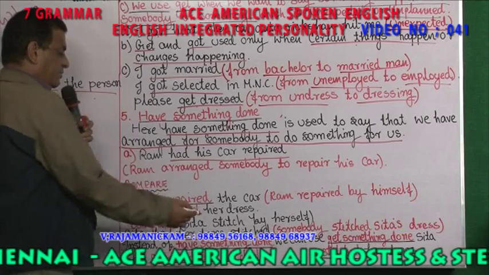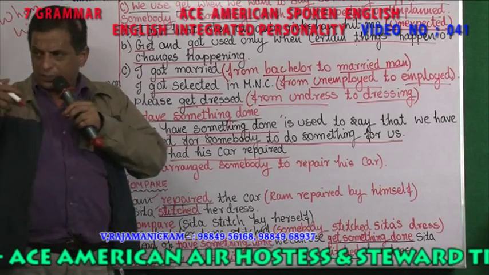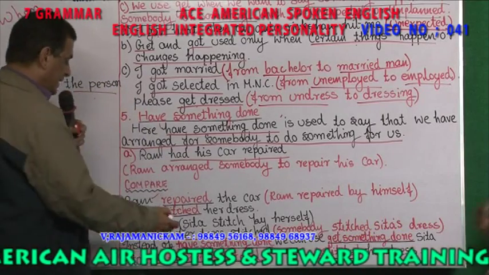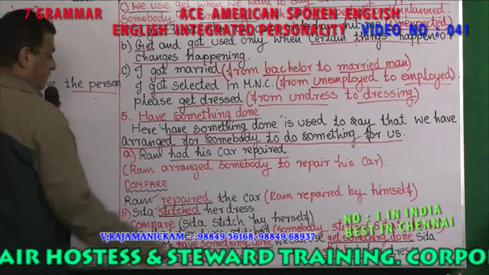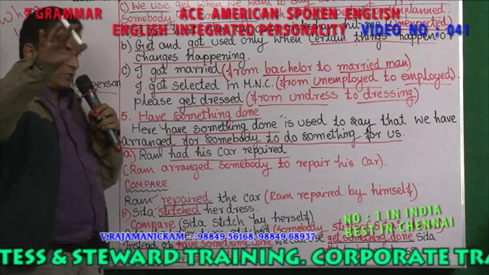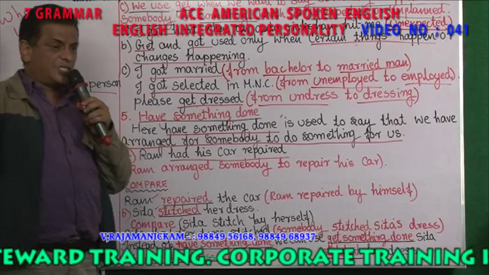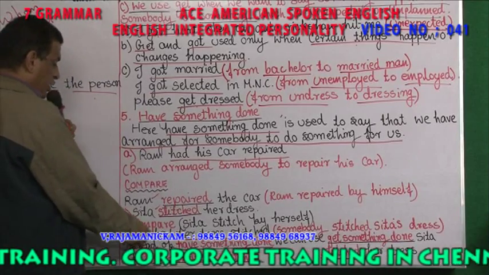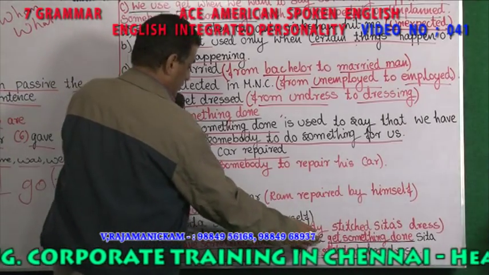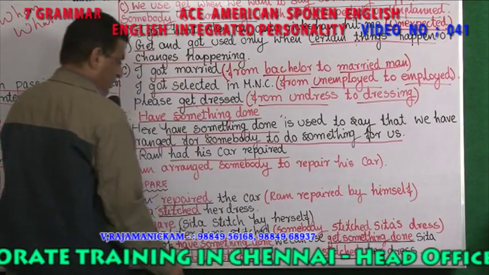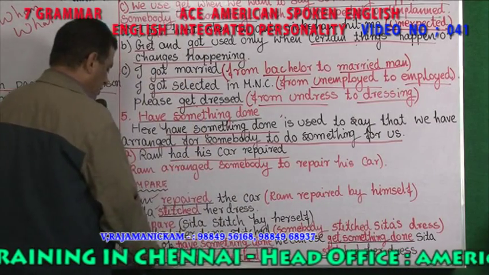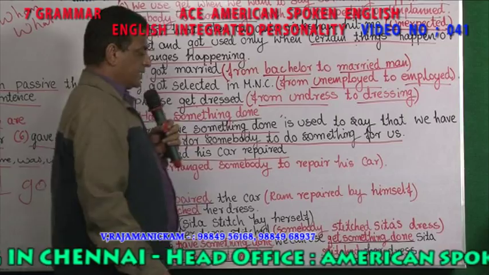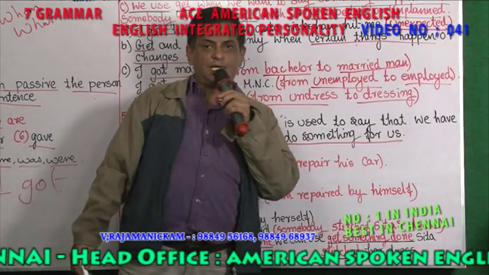Sita stitched a dress means Sita stitched it on her own. Somebody stitched the dress, right? Instead of have something done, we can get something done. Sita got a dress stitched means somebody stitched Sita's dress.